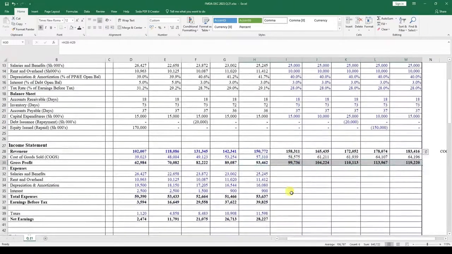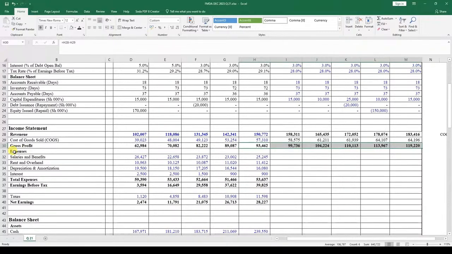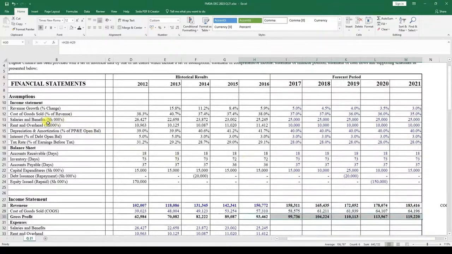Now we move on to the expenses down here. For the salaries and benefits, what are we told as far as the assumptions are concerned? We are told that the salaries and benefits are given to us in terms of shillings, 25,000 all through like that. And here we're saying it's going to remain as 10,000 in terms of the depreciation component.